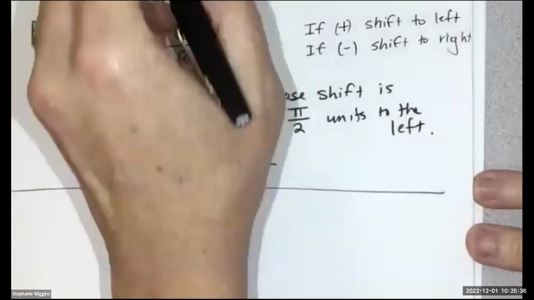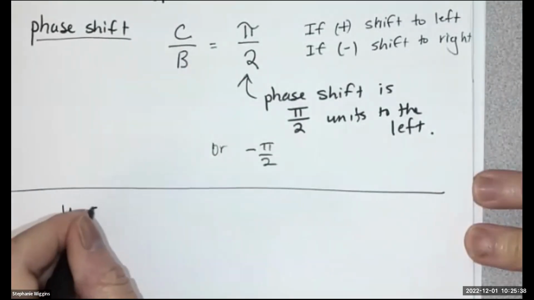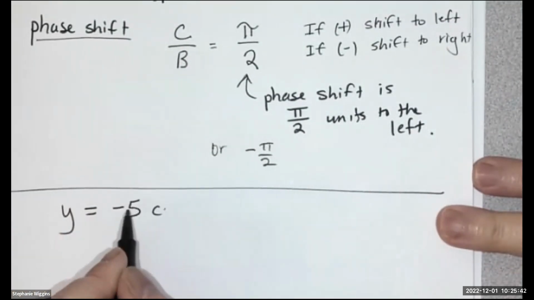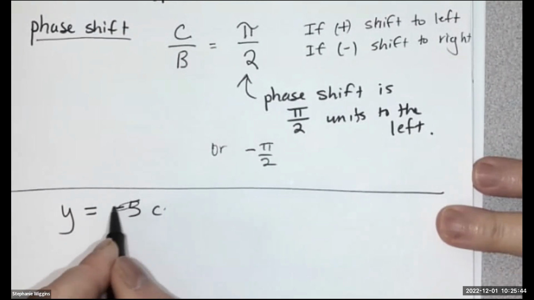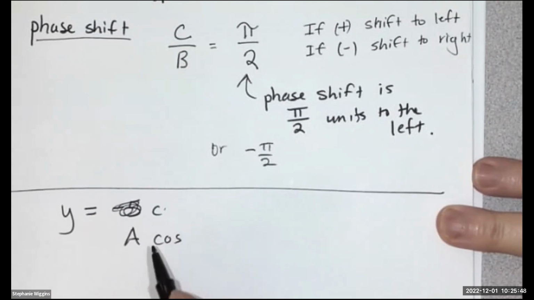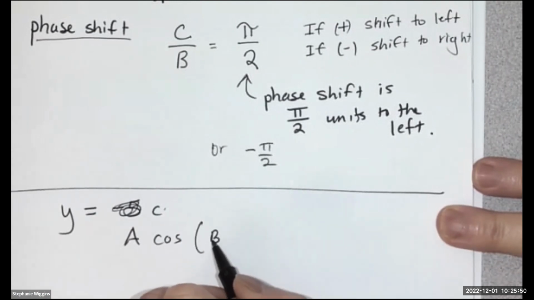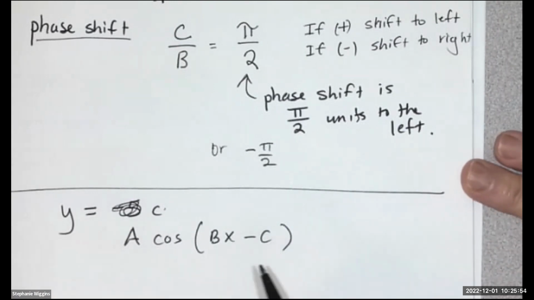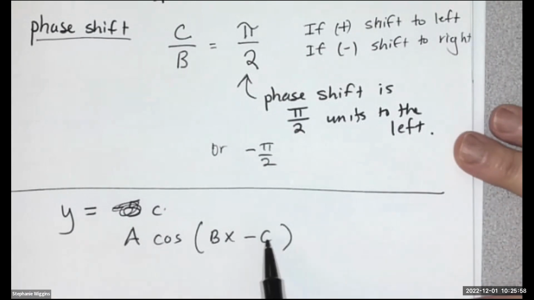Okay, so here we have your textbook uses this as your model. Sorry, I should have put an A there. So cosine, and then you've got bx minus c. They use a minus sign so that you would take the opposite sign for your phase shift.